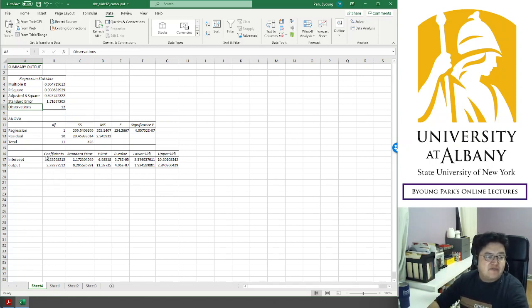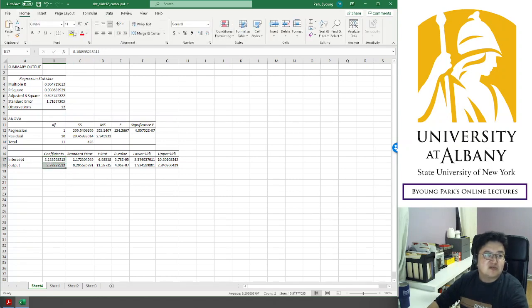And the first thing you have to look at is these numbers, because this is the estimator. So from our data, the intercept is estimated to be 8.188995215. I will explain how it is calculated later.